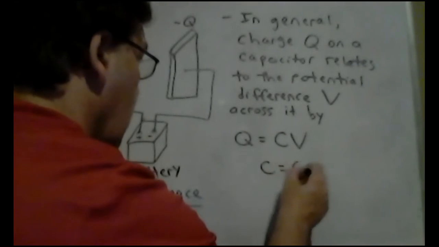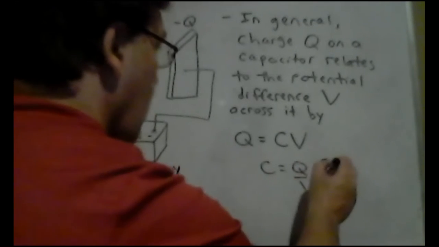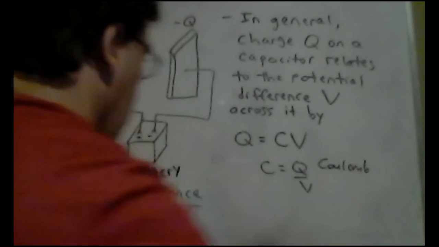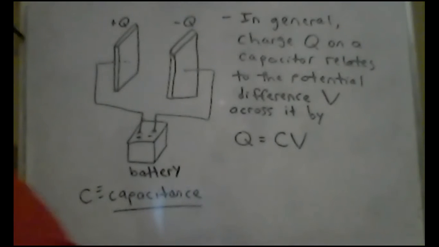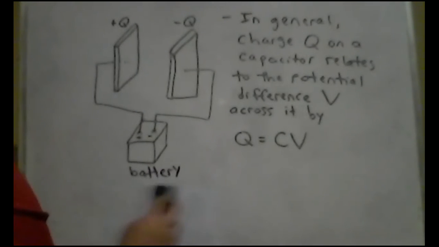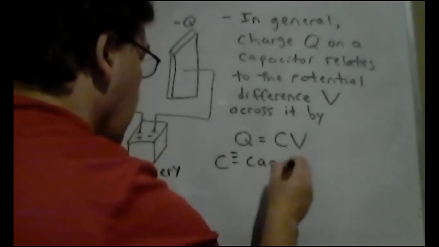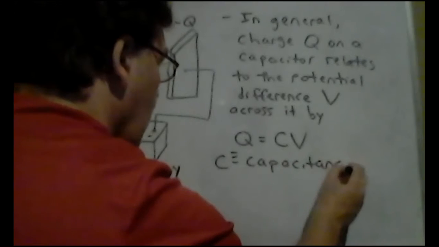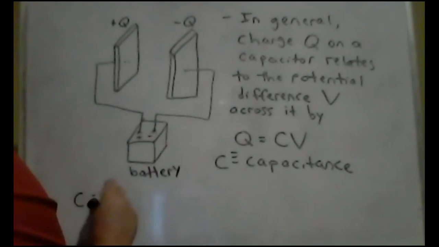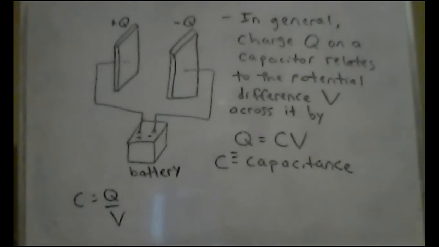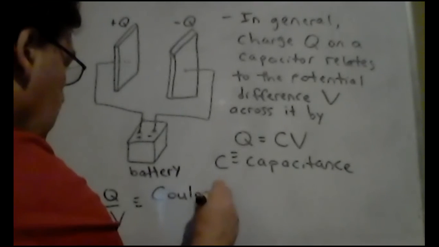We have C as Q divided by V, so it's going to be coulombs per volt.